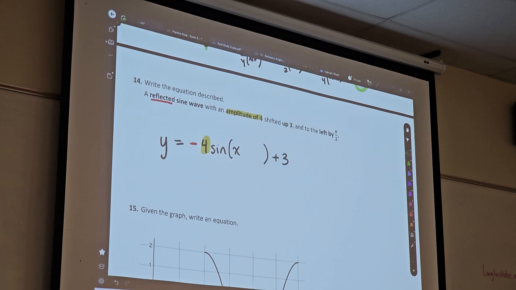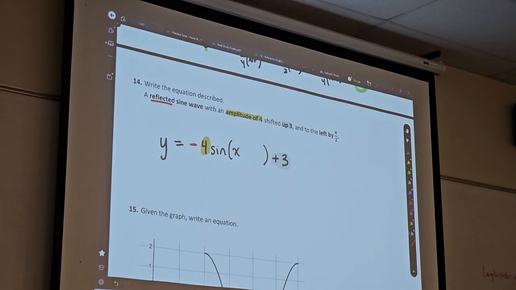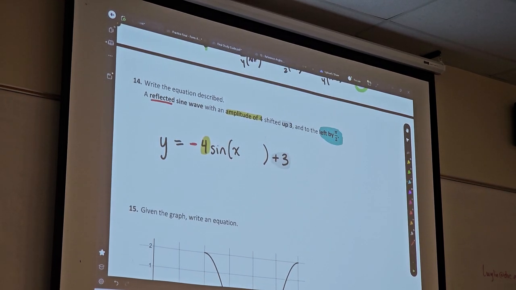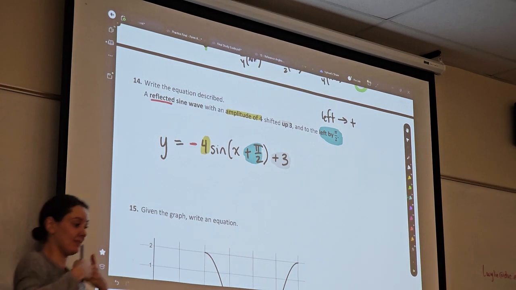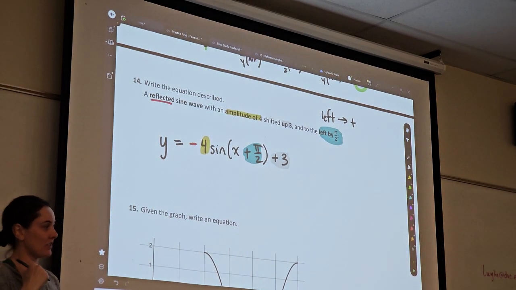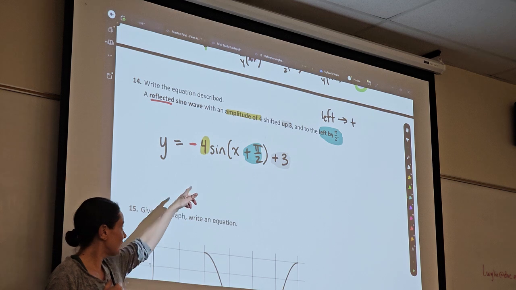Shifted up 3, and then left, don't make the mistake, left is plus pi halves. You are advancing in time when you go through the story of negative 4 sine. Go back in time. That's to your left, okay?